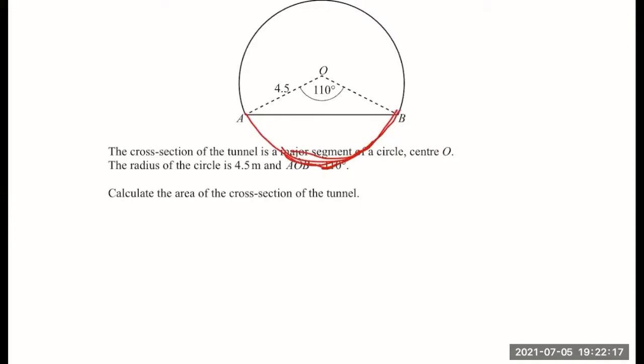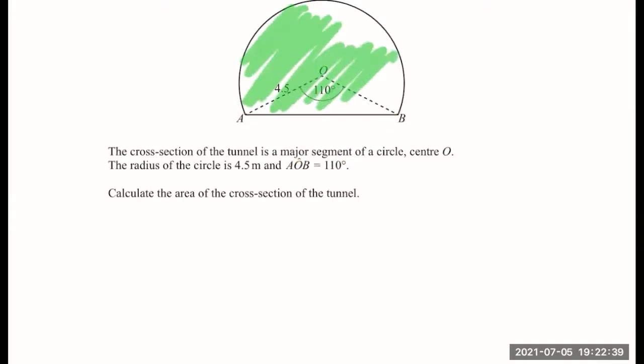Okay. It says the cross section of the tunnel is a major segment of a circle center O. The radius of the circle is 4.5 and AOB is 110 degrees. Calculate the area of the cross section of the tunnel. So I'm asking you for this entire area.